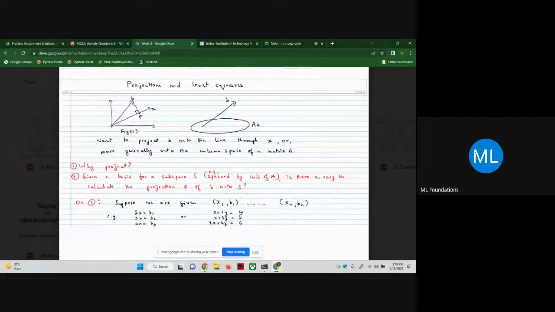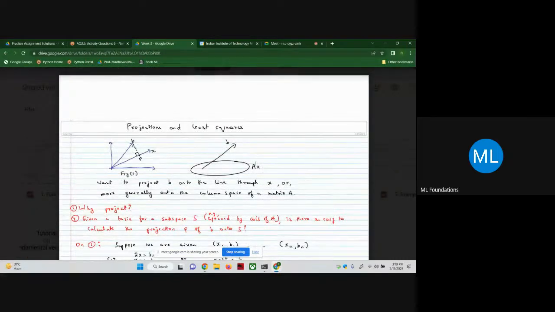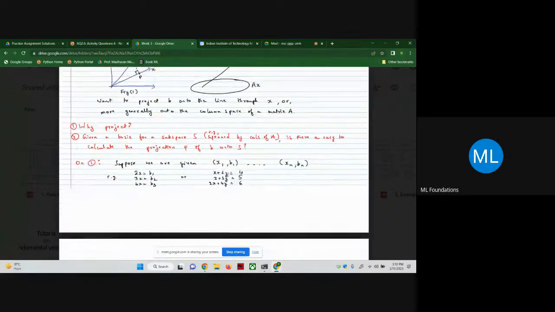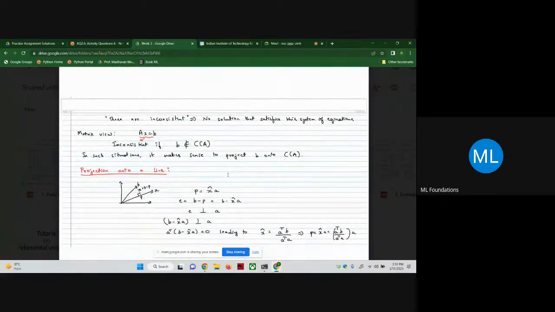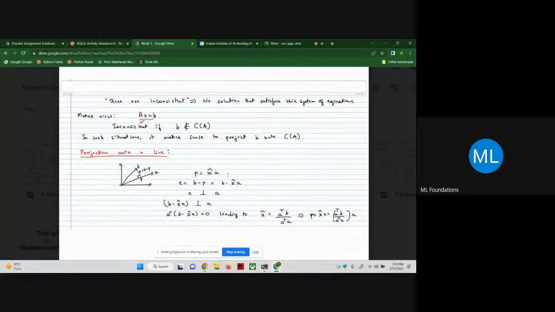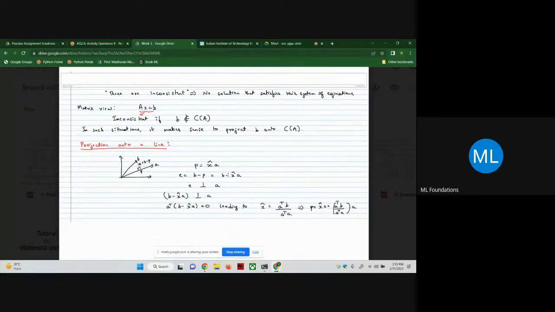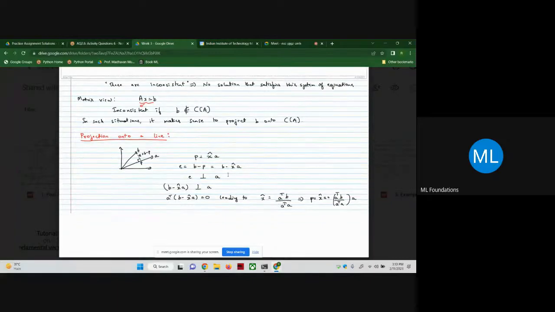Like I discussed before, for Ax equals b, we will not get the exact solution because b does not belong to the column space of A. So we need an approximate solution that minimizes the error. How exactly do we project a vector onto a matrix or onto a different vector? We'll be discussing that.